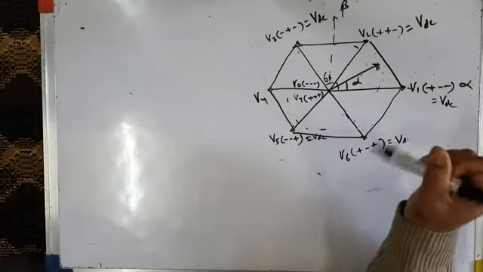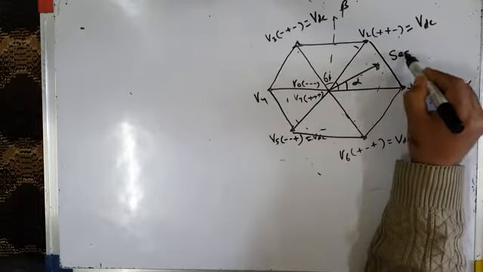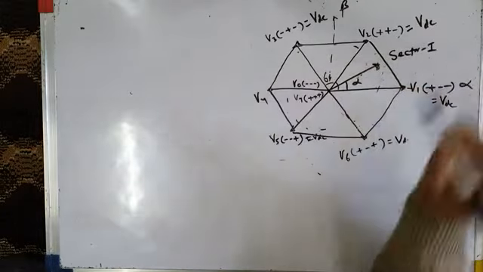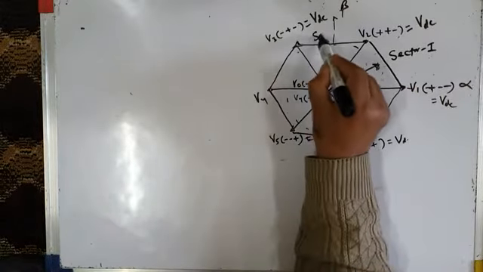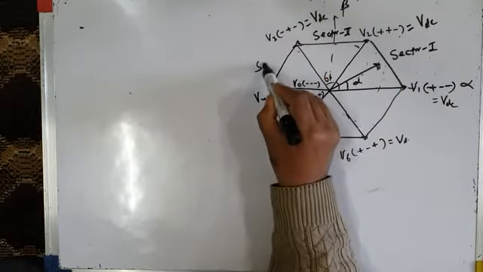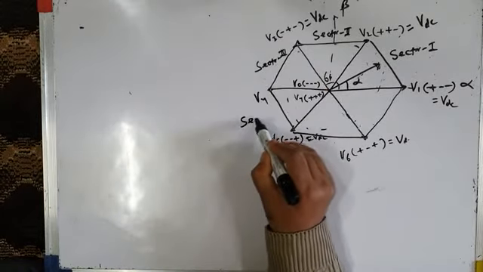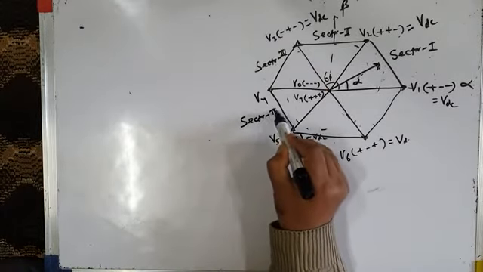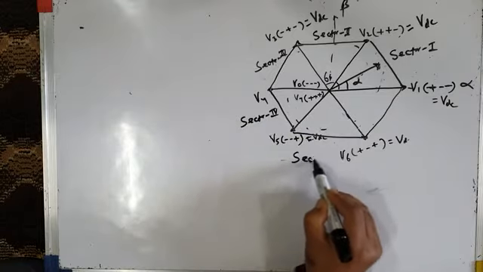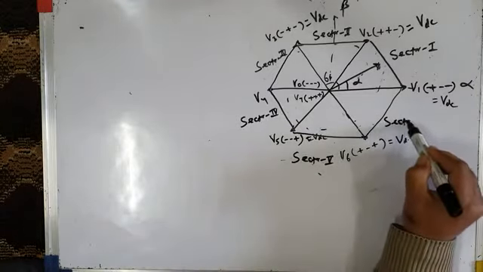These 6 triangles are called sectors. For example, this is called sector 1. This is called sector 2, the second sector. This is called sector 3. This is sector 4. This is sector 5. And this is sector 6.